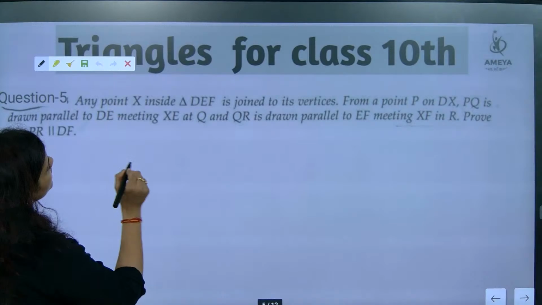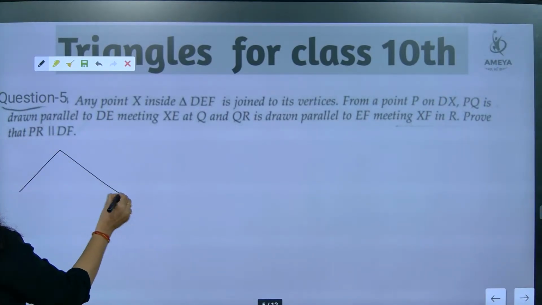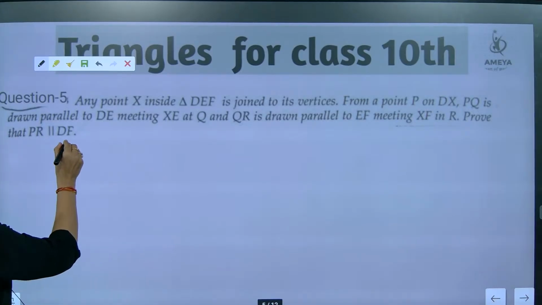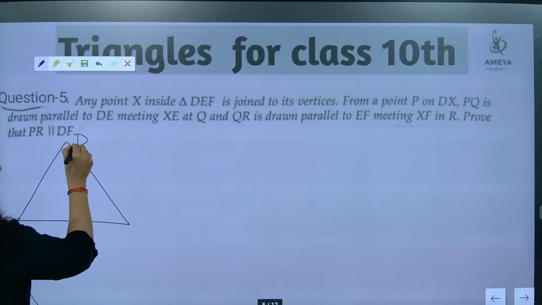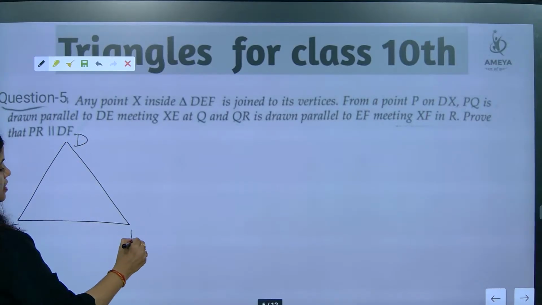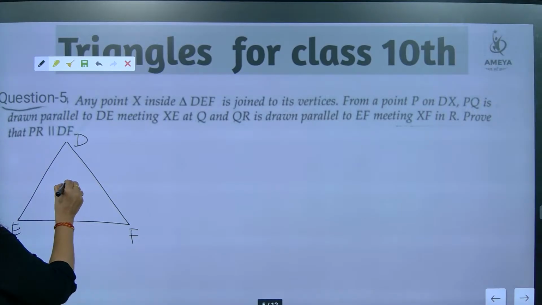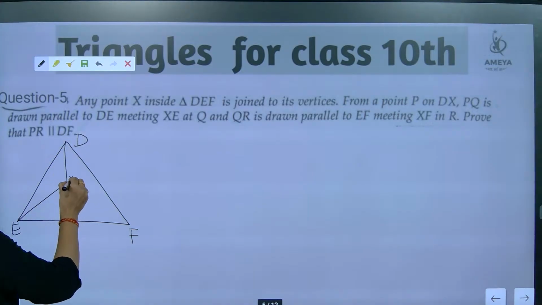See, any point x inside triangle DEF. This is triangle DEF. Can I make it big? This is triangle DEF. D, E, F. Done. Now, beta, they're telling that any point x, it is joining to this point is x, and this is joining to the vertices of triangle DEF.